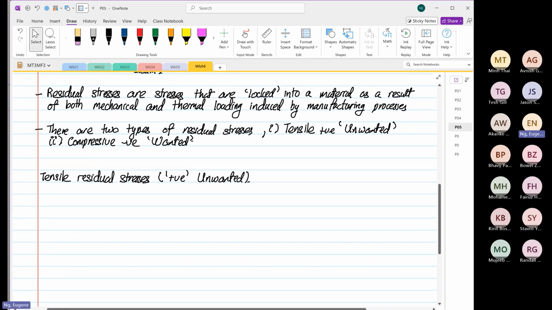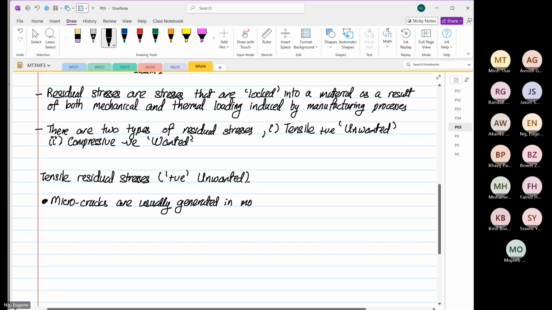So micro cracks are usually generated in most manufacturing processes.